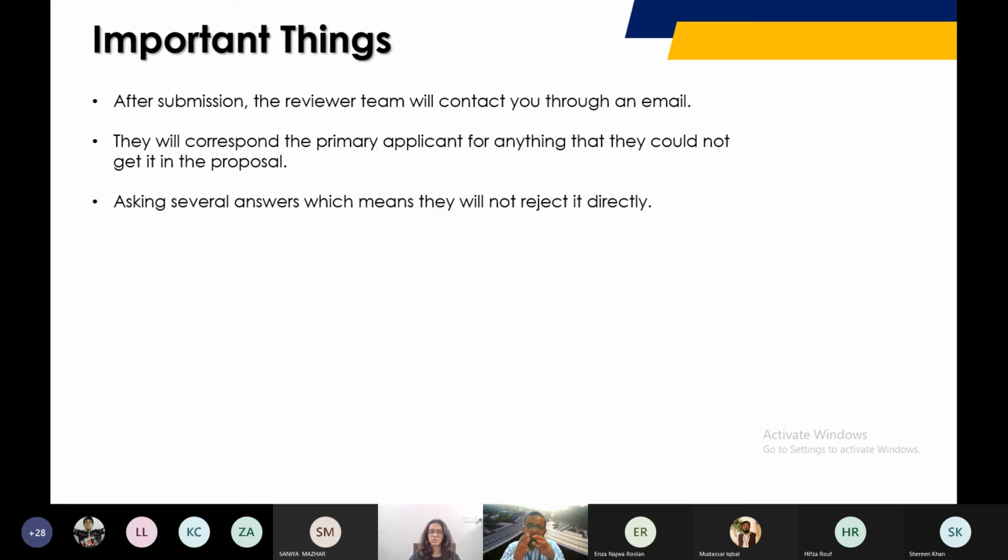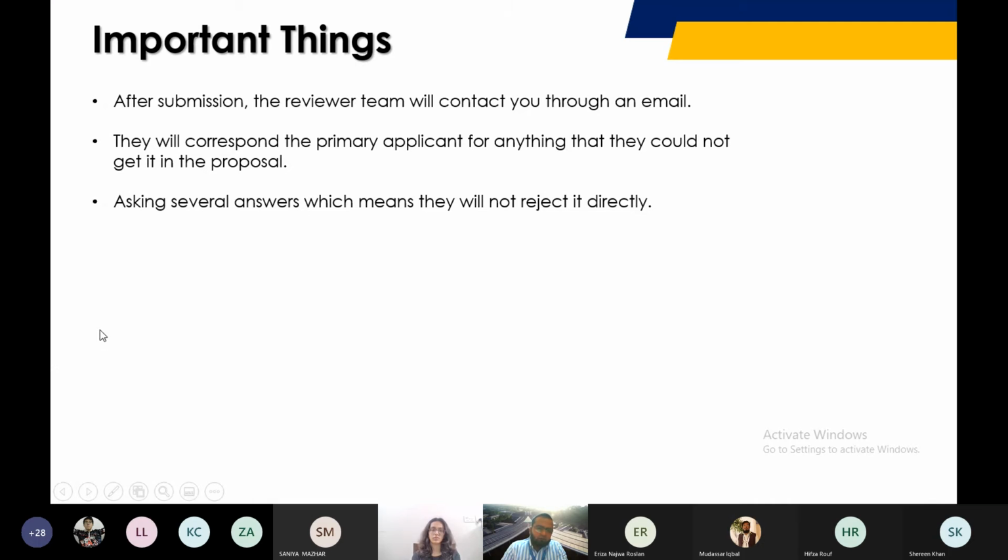Above all, this entire project is for humankind, the people within your social circle. They are really looking forward to proposals that can provide comfort and help people survive within society. So they will surely ask you in several emails about their queries.